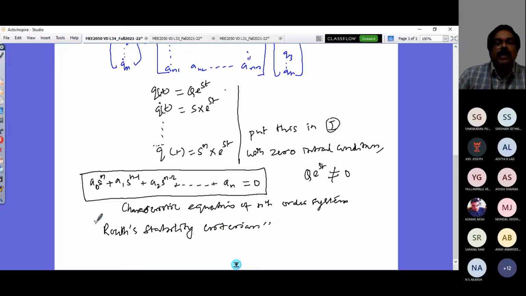What the Routh stability criterion says, when you look at the characteristic equation of an nth order system, there are coefficients a0, a1 up to an. All these coefficients should be positive.